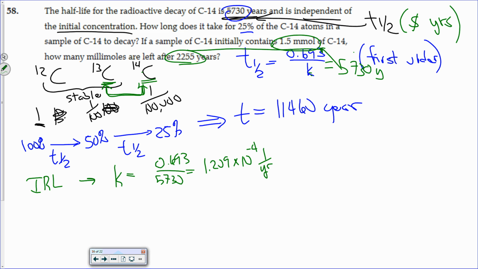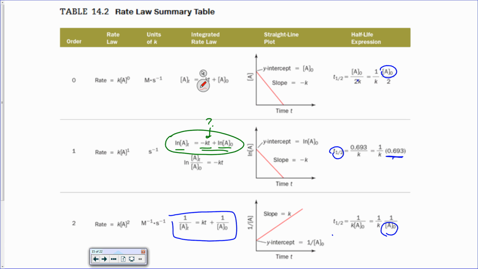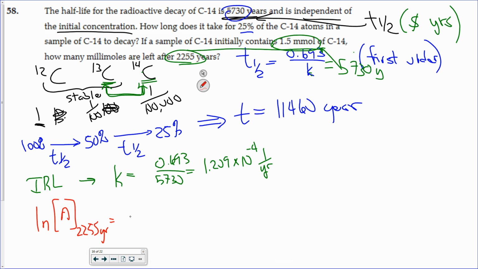I've got to find my change of color. All right, so the natural log of the amount or concentration at 2255 years is equal to, remember our formula was a negative KT. So it's a negative of the rate constant times the number of years, 2255.